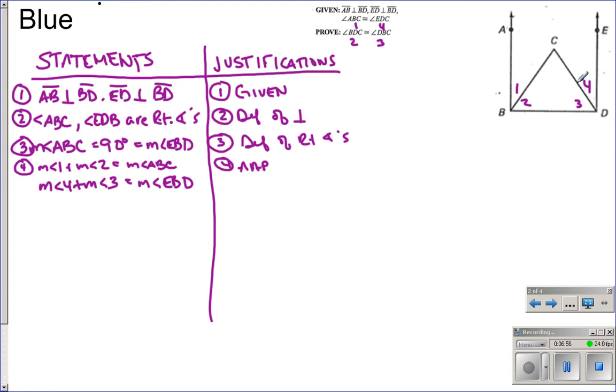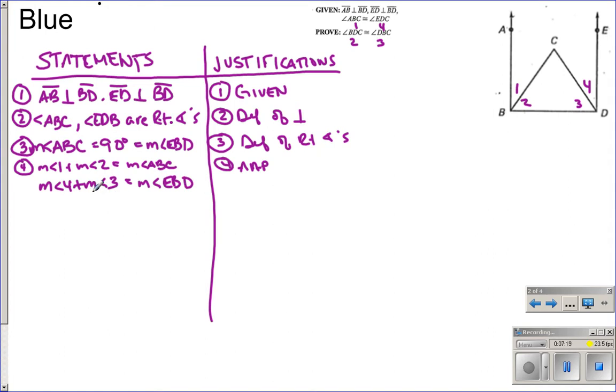Okay? So now, take a look at this. I know that the measurement of angle 1 plus the measurement of angle 2 is equal to ABC, which is equal to 90, which is also equal to angle EBD, which is also equal to angle 4 plus angle 3. I think I just made a transitive chain.